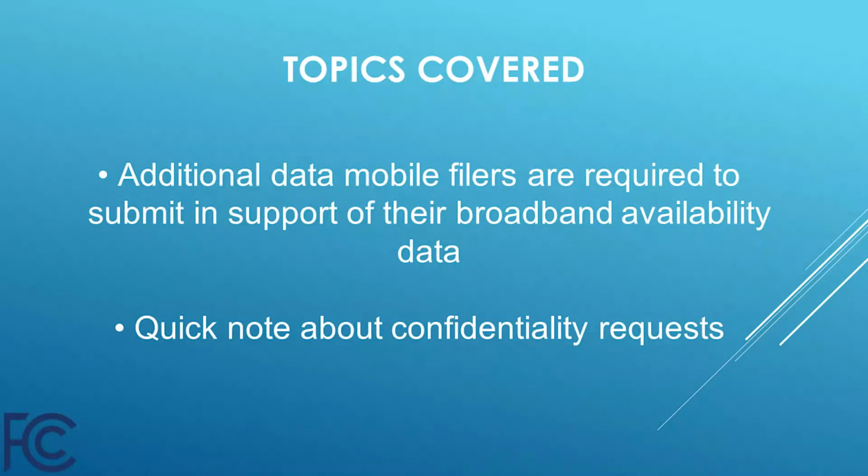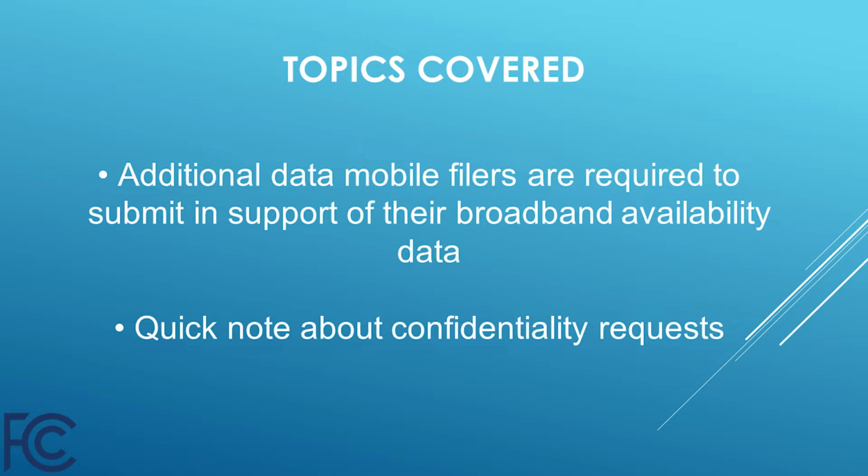Thank you, Jean. In our first video, we went over which mobile technologies require availability reporting and the standard modeling parameters adopted for each technology and across technologies, such as download and upload speeds, cell edge probability, and cell loading factor. We also discussed the requirements to model each technology for both outdoor stationary and in-vehicle mobile coverage.